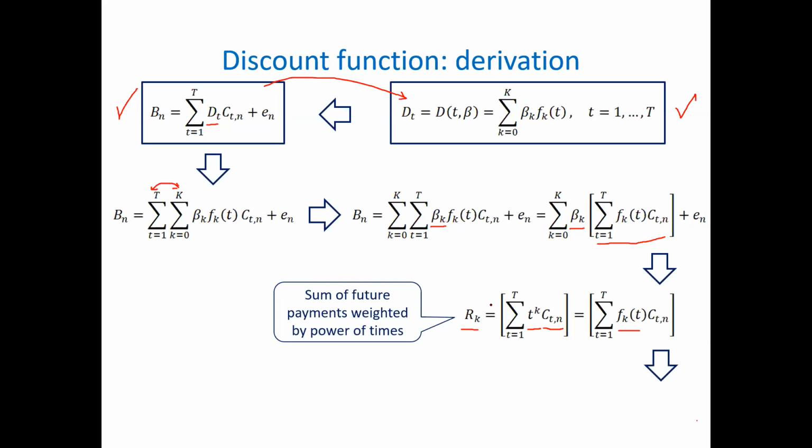So for example, RK is equal to such a numeric value. Is it possible to calculate it? This is my question to you. In a sense, do we have all necessary inputs, or is there something which you don't know, or can we calculate it?